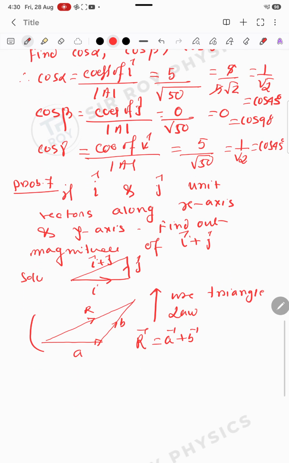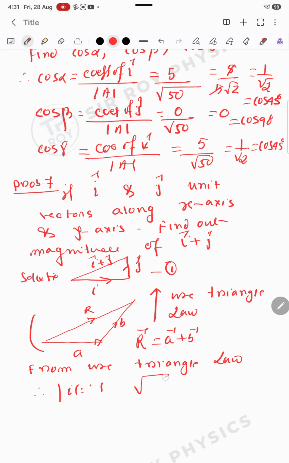Then from 1, use triangle law. You are getting the angle is i, magnitude 1, and magnitude of i plus j root 2.